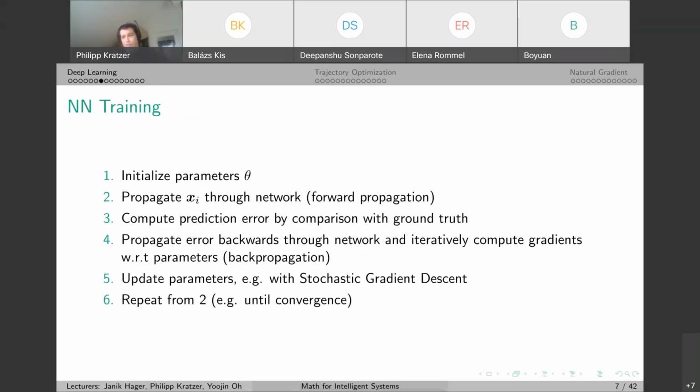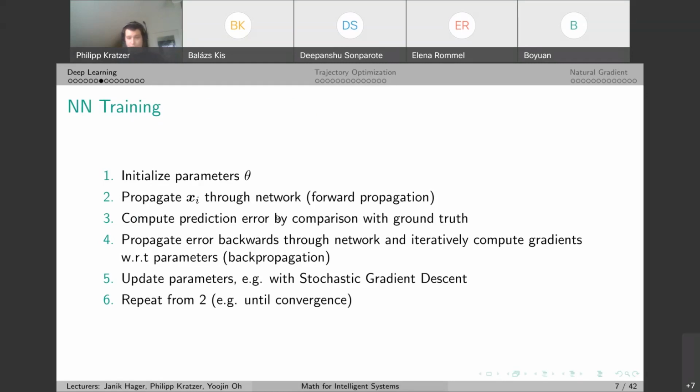So how is neural network training done? Typically, we initialize the parameters, like the weight matrices and the bias vectors, randomly. Then we do a forward propagation where we put the inputs through the network.